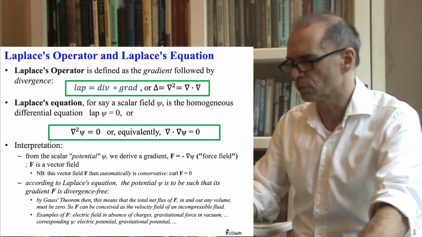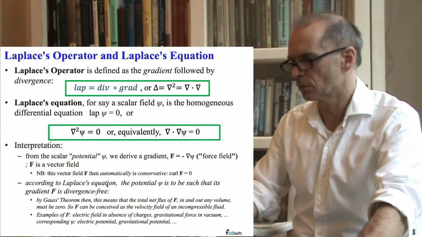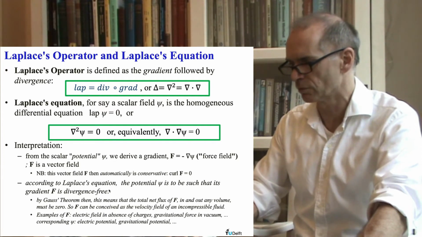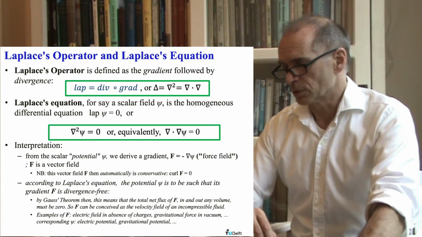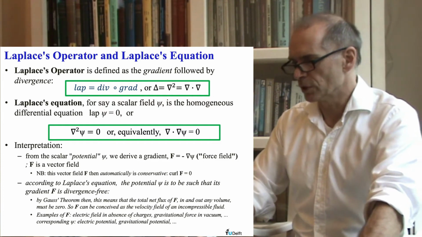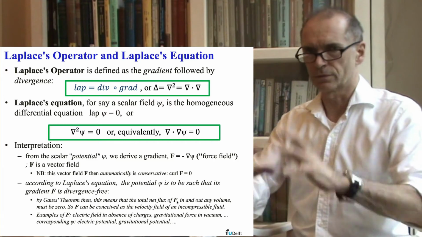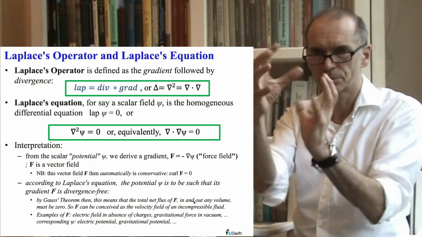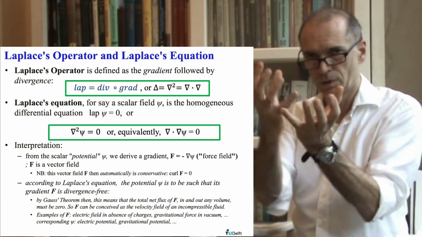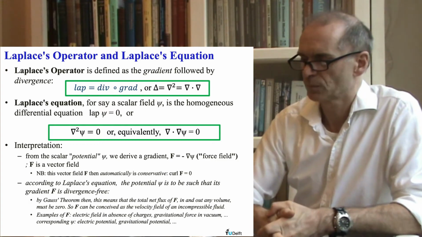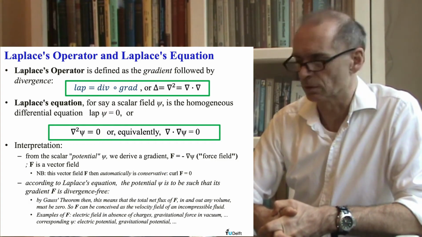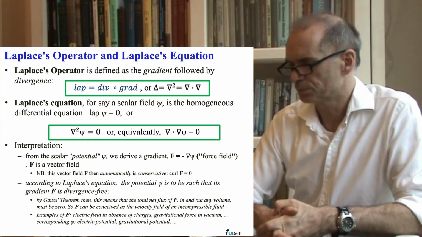So we've met this before, and then so that is the gradient, and then Laplace's equation furthermore requires that the potential is such that it is not only curl-free but also divergence-free. And then by Gauss's theorem, if a field is divergence-free, that means that the total flux of that field F in and out of any selected volume in space, so the integral of that vector field over the surface enclosing that volume, must be zero.